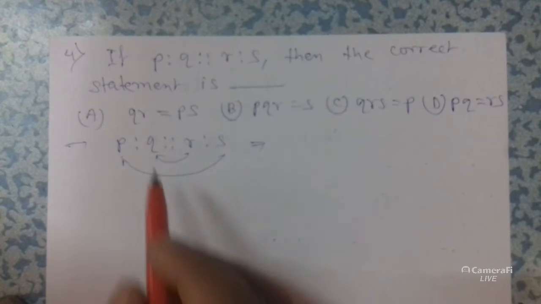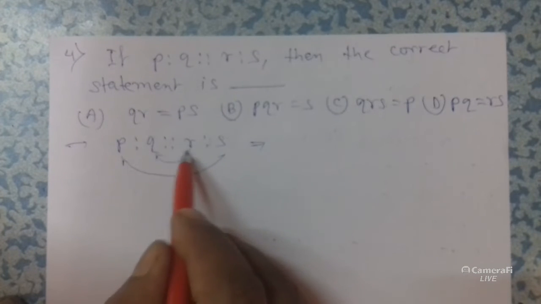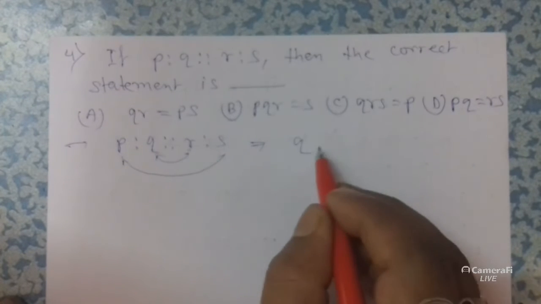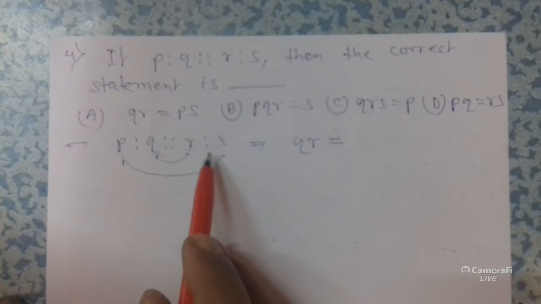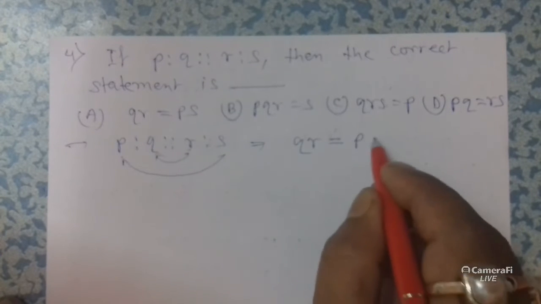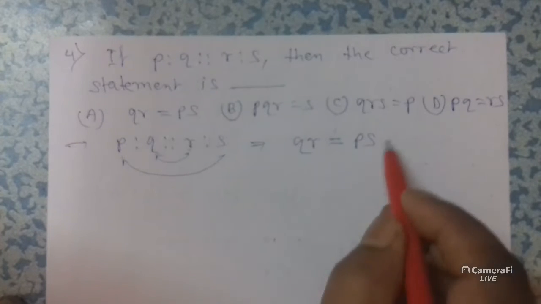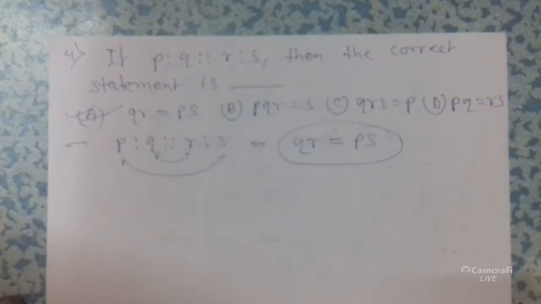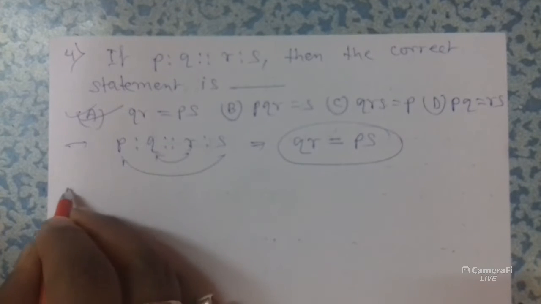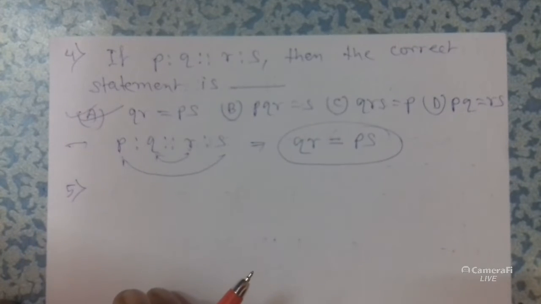So product of means means Q into R. So here we can write QR is equal to product of extremes, that means P into S, so is equal to PS. So QR is equal to PS is the correct answer. So option A is the correct answer. QR is equal to PS. Next problem.